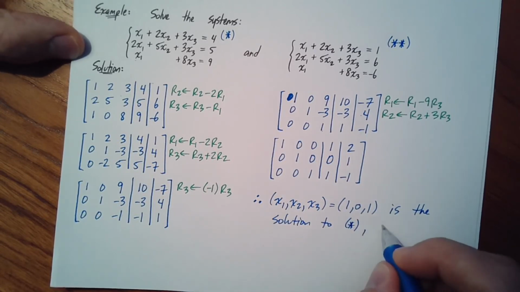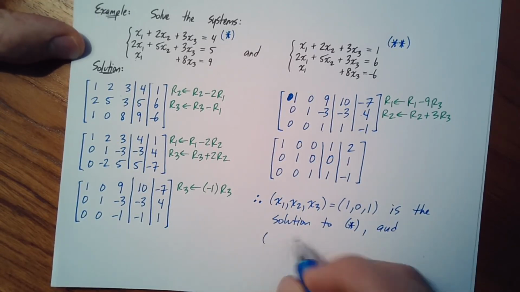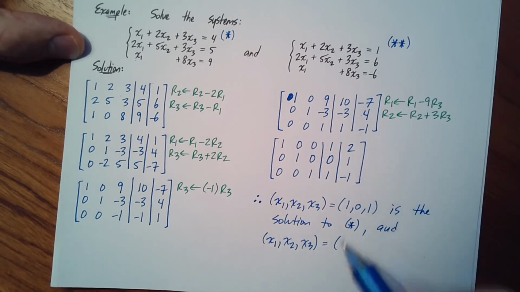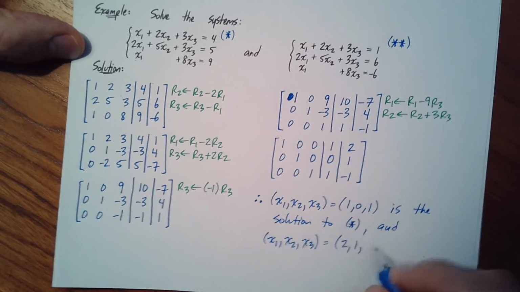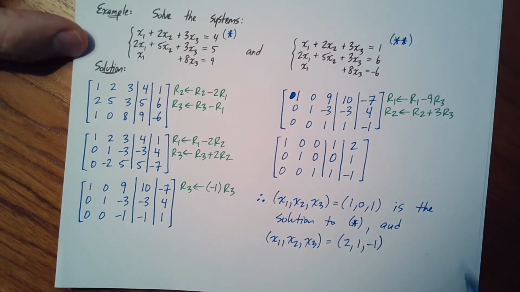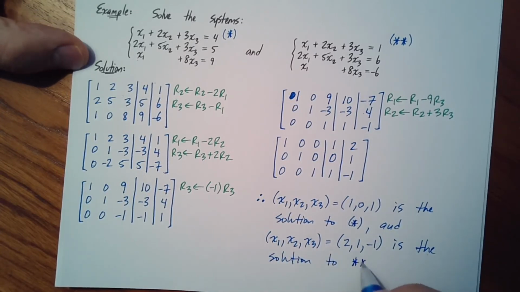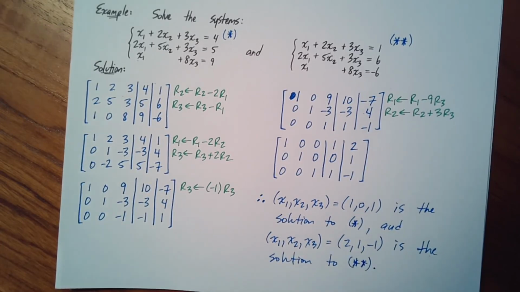And we can write down the solution to double star in a moment. So x1, x2, x3 is equal to, so I'll take these values now, 2, 1, and negative 1. Is the solution to double star. So that's how we can solve this.